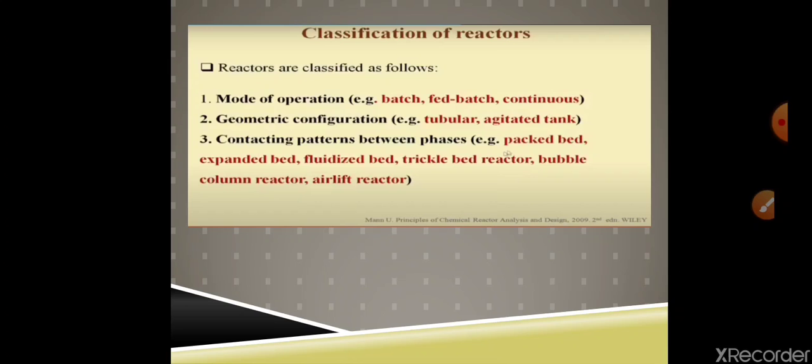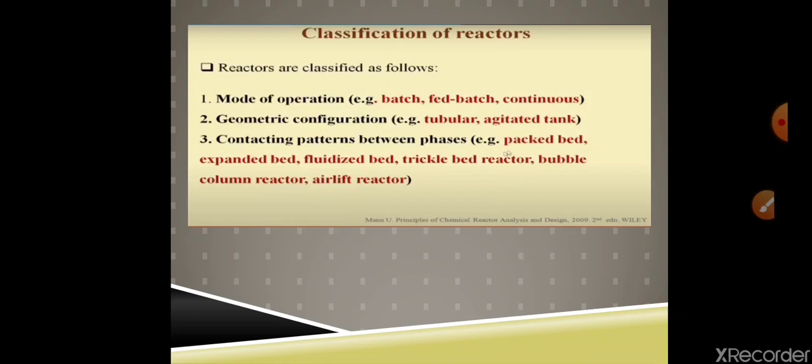And the third is contact patterns between the phases, like packed bed reactor, expanded bed reactor, fluidized bed reactor, trickle bed reactor, bubble column reactor, and the airlift reactor.